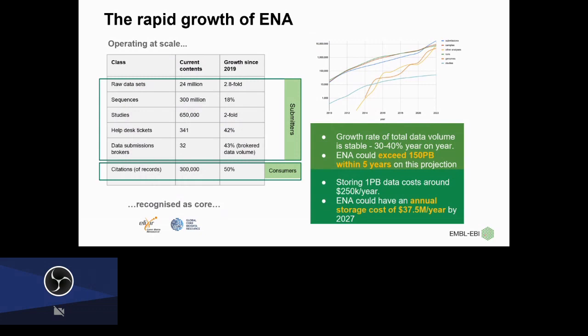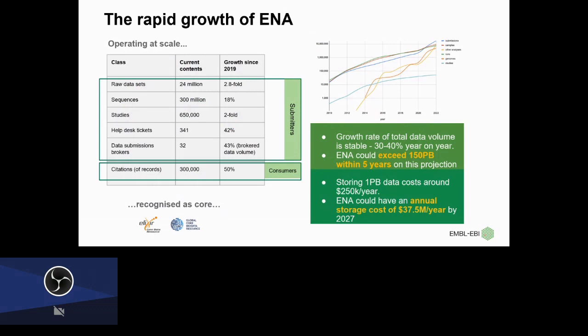As you see in the graphs, ENA has been growing consistently at 30 to 40% year over year, and could exceed 150 petabytes within 5 years on this projection, which is good news, and to a certain extent scares us as well.